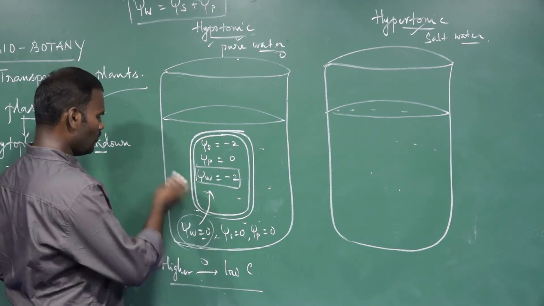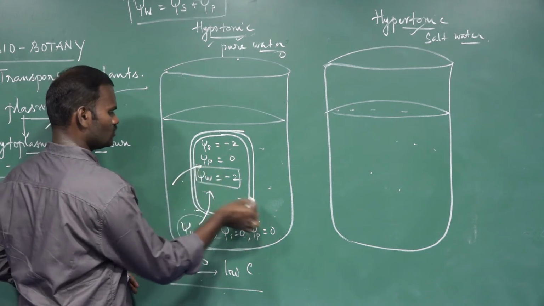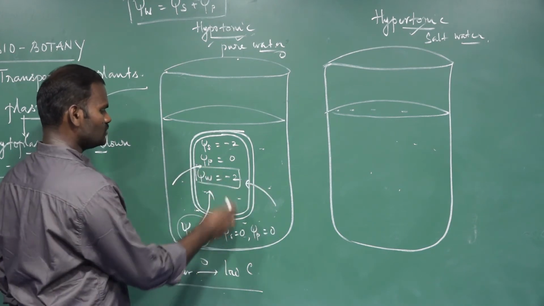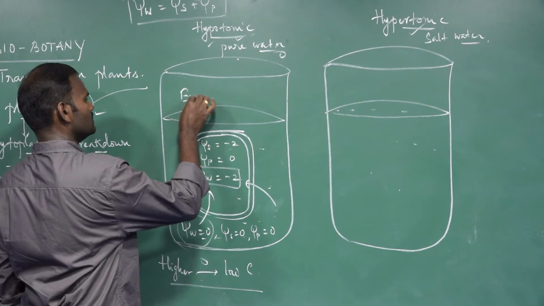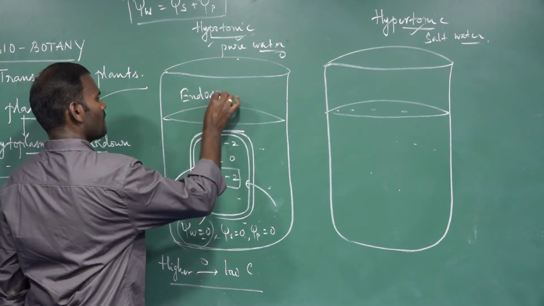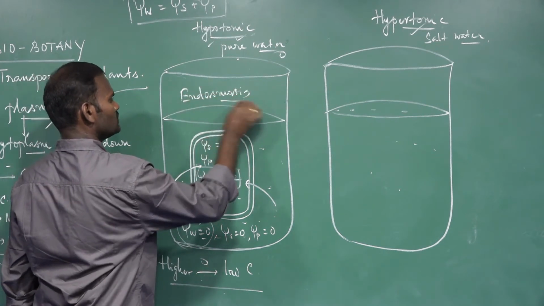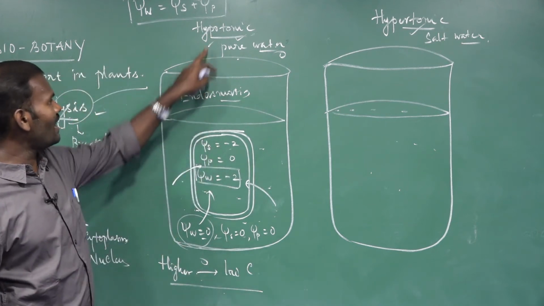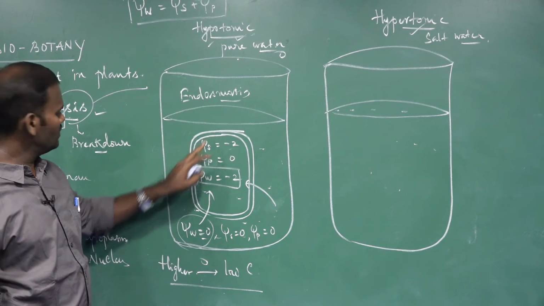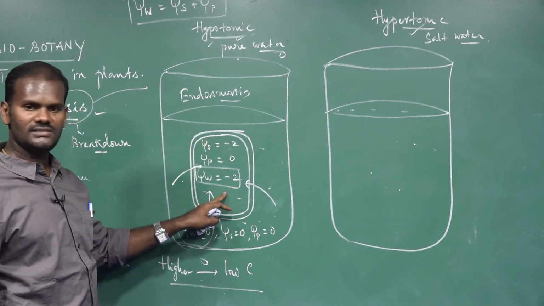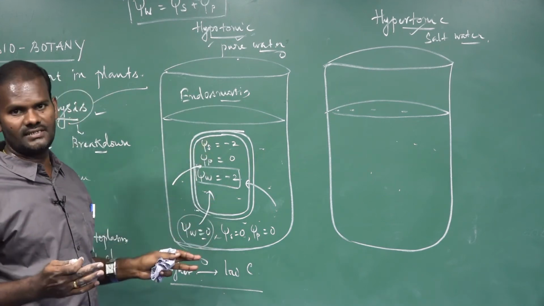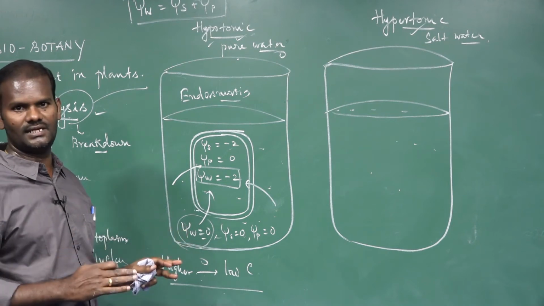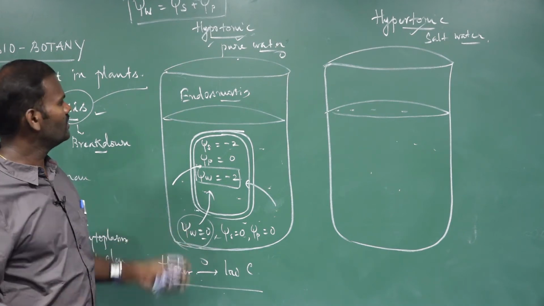So the water moves from outside the cell into the cells by this process called endosmosis. So when a cell is placed under the hypotonic solution, the water will enter into the cells, which become turgid, to maintain the turgidity and the shape of the cells.